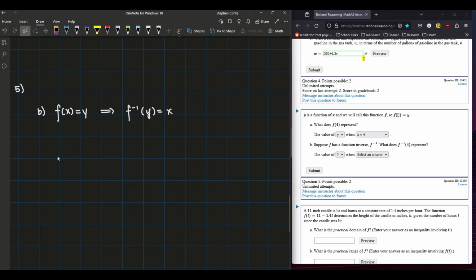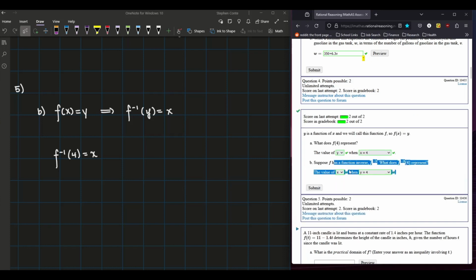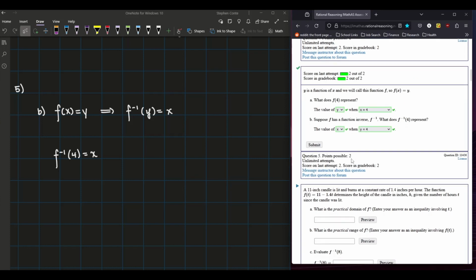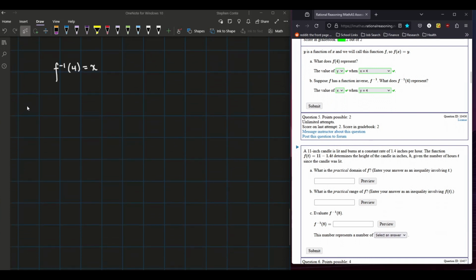So then f inverse of 4 also equals x, which means that f inverse of 4, which is a y value, equals some x value. So f inverse of 4 represents an x value when y equals 4. Nice. Okay.